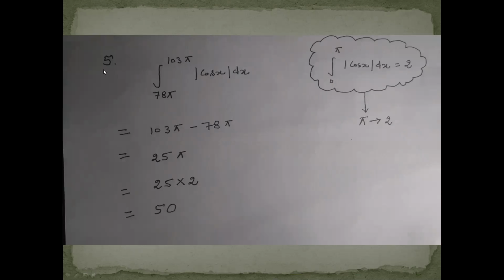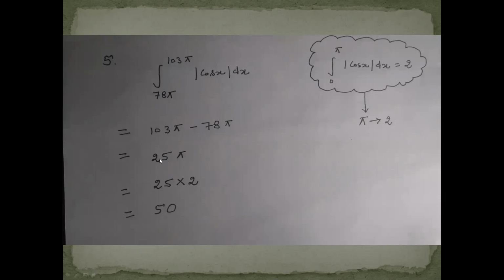Our next question, number 5, is the integral from 78 pi to 103 pi of modulus of cos x dx. As we have seen, after solving the integration, we take the upper limit minus the lower limit. 103 pi is the upper limit minus 78 pi is the lower limit.